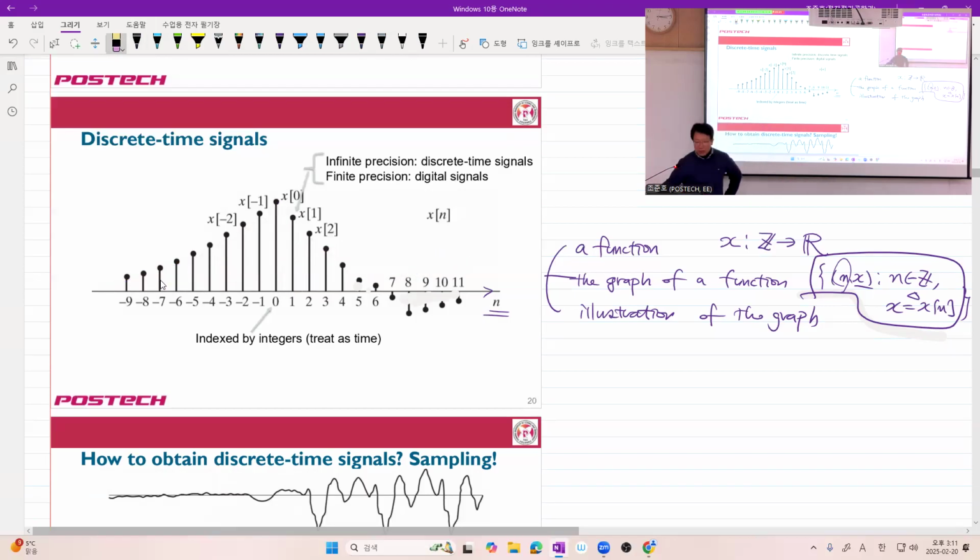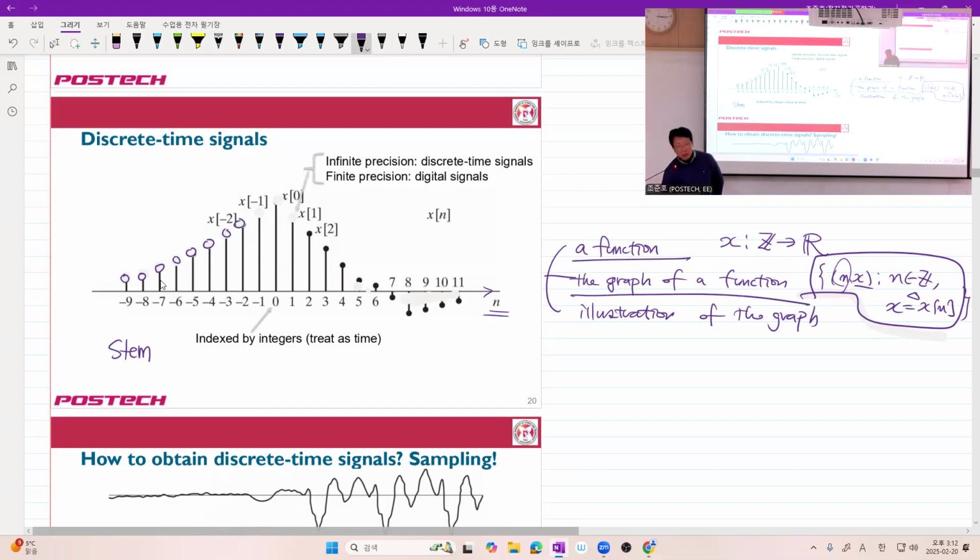And in your MATLAB, you have a function called stem. And stem is confusing because stem actually does not generate this curve. Stem shows unfilled circles. Something like that.